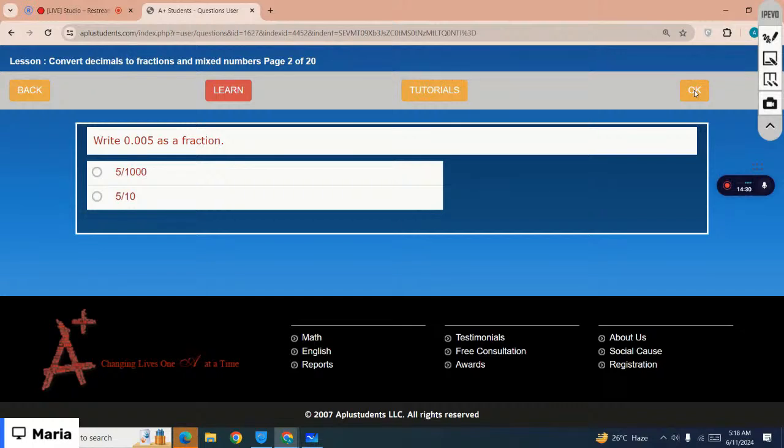Write 0.005 as a fraction. So which is the correct option? 5 by 1000 or 5 by 100? Which is the correct option?